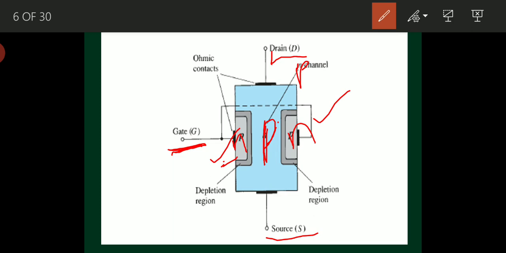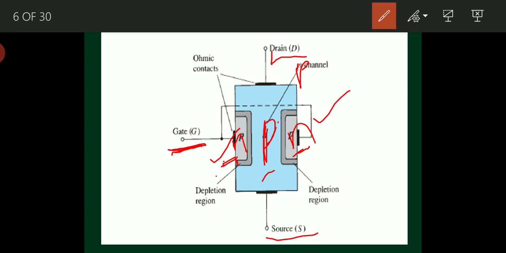Here in FET only majority charge carriers take part in conduction. In p-type, holes are majority charge carriers, and in this n-type gate, holes are minority charge carriers.